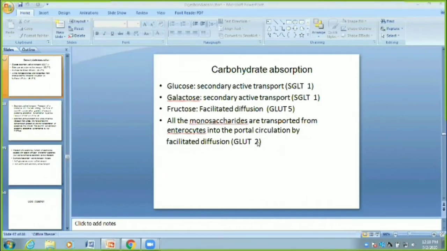So GLUT2 is responsible for transporting glucose and galactose from the basal side of the enterocytes into the tributaries of the portal circulation, and by portal circulation they are ultimately delivered to the liver.